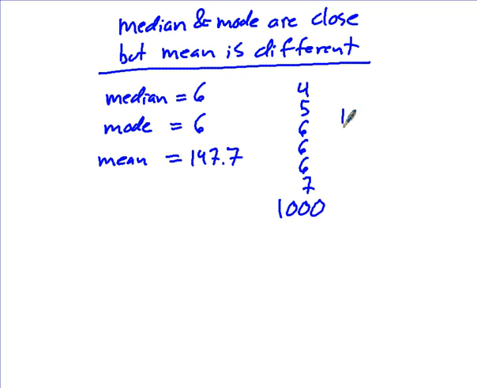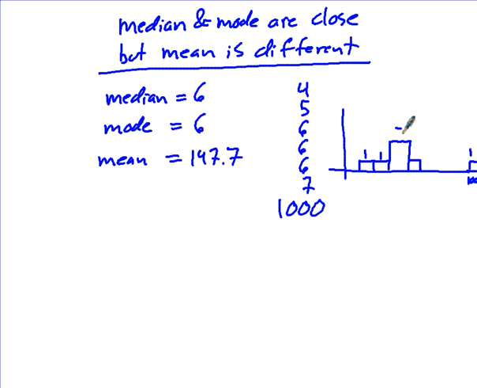And if we look at this as a histogram, we might have 4, 5, of course 6 is very big, 7, and then way out here we have 1,000. And there's only one over there.